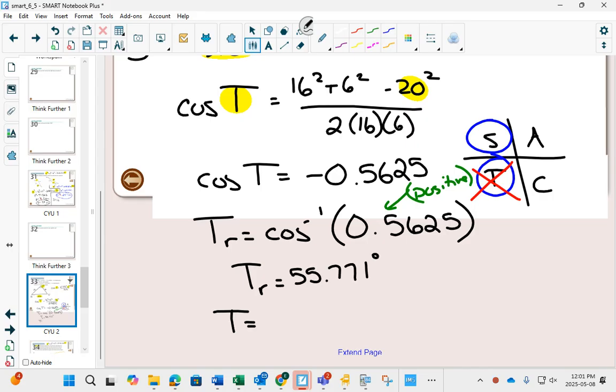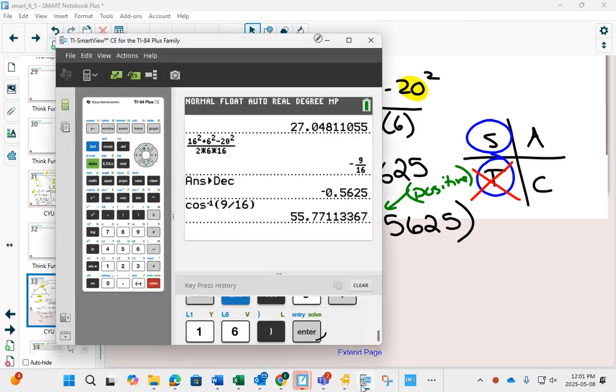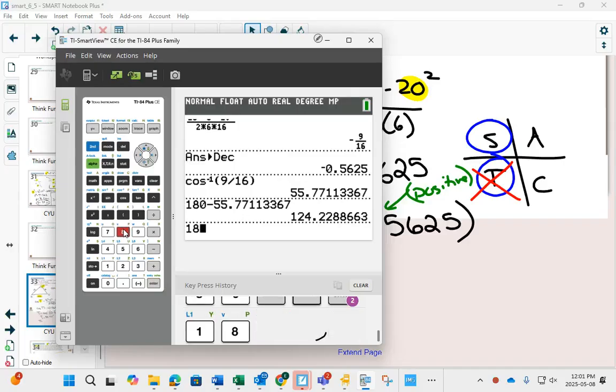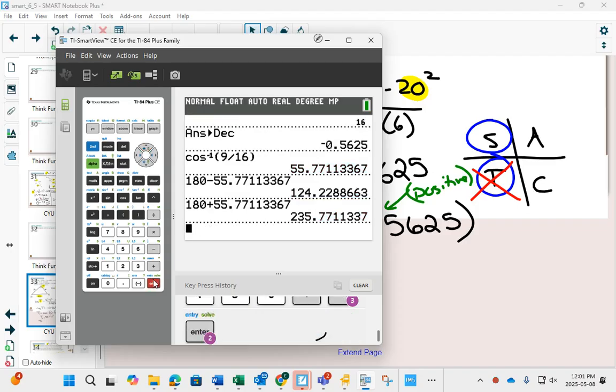So my actual angle T, well, in quadrant 2, it would be 180 degrees minus my reference angle. Technically, quadrant 3 would be 180 plus my reference angle. So 124, does it say round to the nearest degree again? Yes, it does. 124 degrees and 236 degrees.